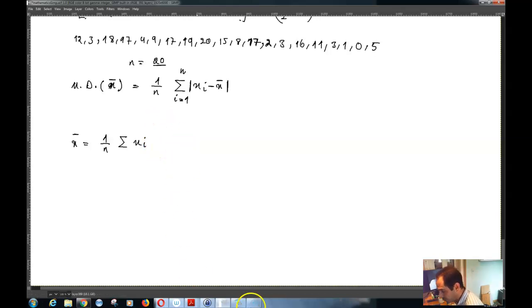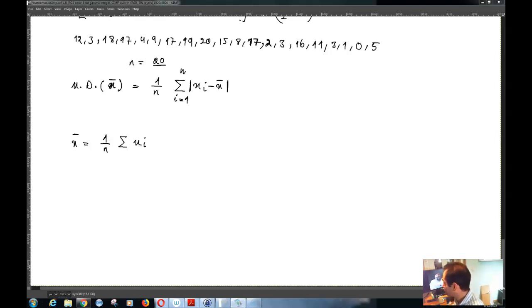So if I do so, what I will get is basically 12 plus 3 plus 18 plus 17 plus 4 plus 9 plus 17 plus 19 plus 35 plus 8 plus 17 plus 5 plus 16 plus 11 plus 4 plus 5.